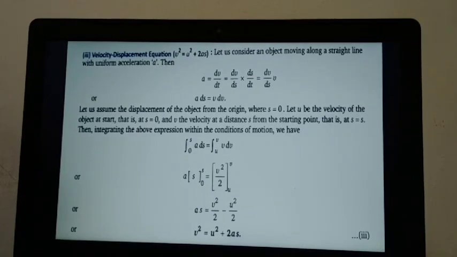Very simple, no? We have the third equation of motion: v square is equal to u square plus 2as. We started with the acceleration equation a is equal to dv by dt. Then we made an arrangement, multiplying and dividing by ds, so a is equal to dv by ds into ds by dt, but ds by dt is v.